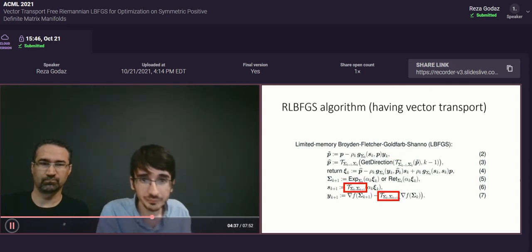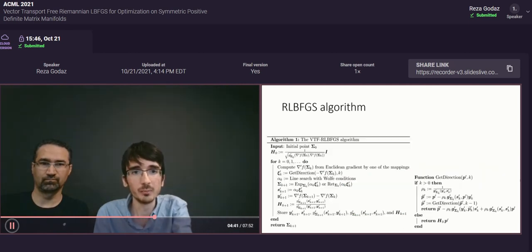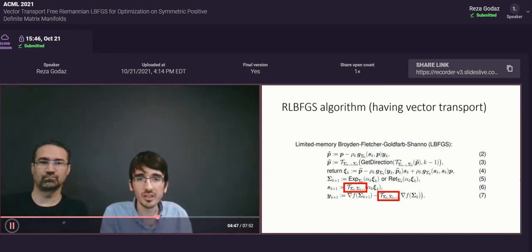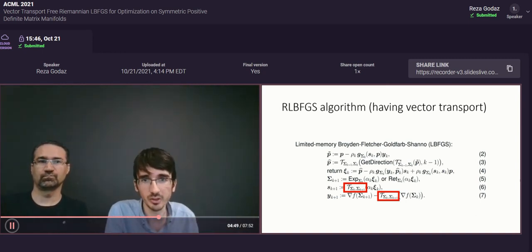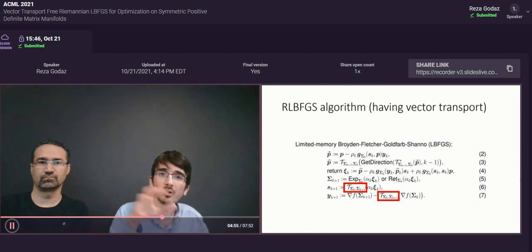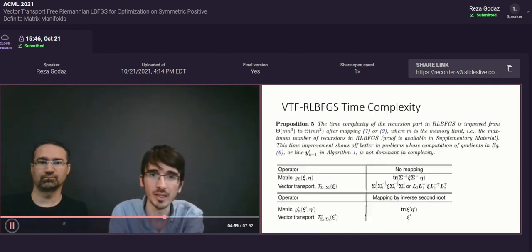Also, in equations 6 and 7, which we had in the main body of the algorithm, as you can see on the left-hand side, we have vector transports which are time-consuming to compute. Also, in equation 4, which is called inside the recursive function, we have metrics which are time-consuming before applying our mapping.